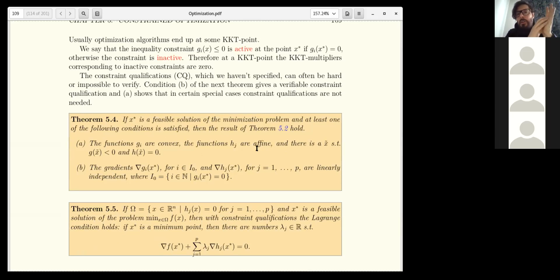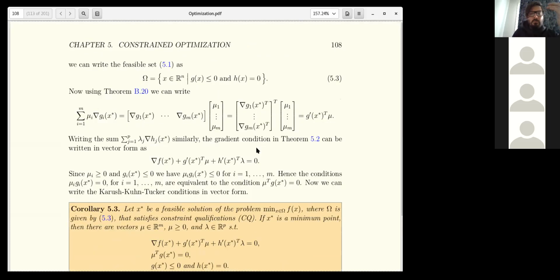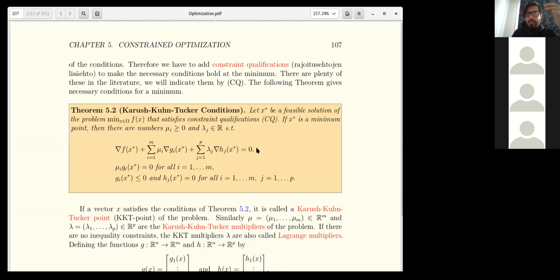I'm going to explain later strategies of how to make use of this idea in transforming this problem into an unconstrained problem. There are two alternative strategies for solving a problem that can be solved with these KKT conditions.